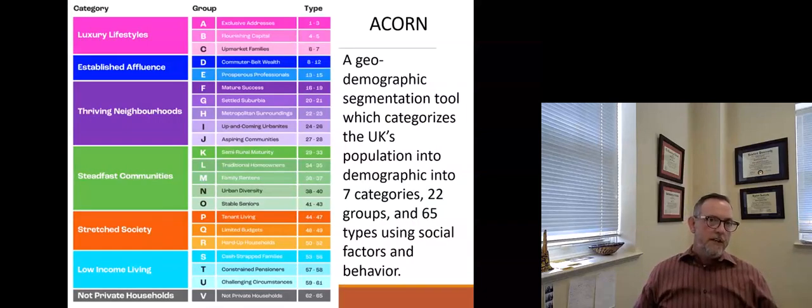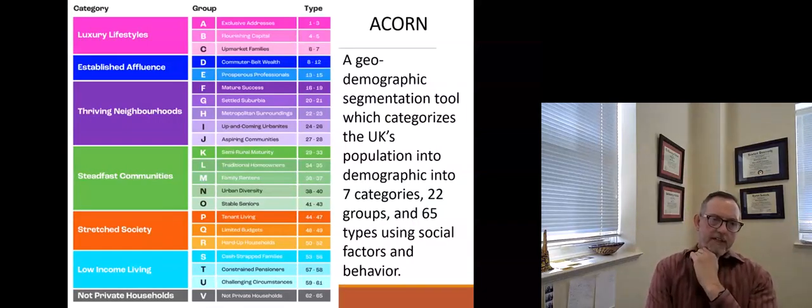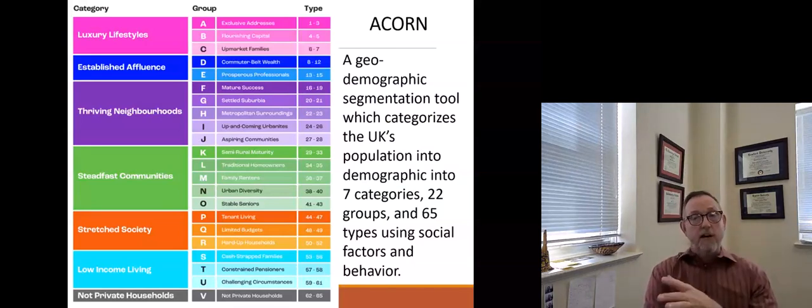One final tool, again, this one is very, very similar. It's set up in the same way as a geodemographic segmentation tool. It's called Acorn, and this is primarily a product that serves the United Kingdom. Similar design, however, this time it has 65 different groupings, and it's based on living arrangements, housing.